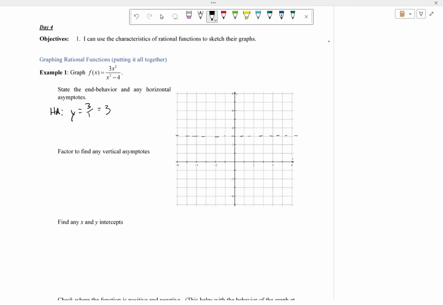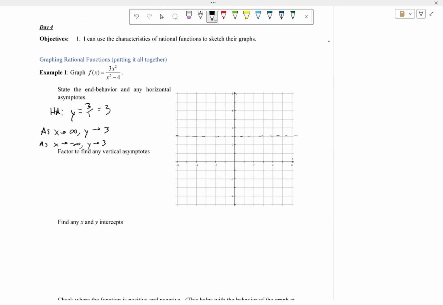Well, all this is saying is that as x approaches infinity, y approaches 3. As x approaches negative infinity, y approaches 3. So that's how you write the end behavior for these rational functions.